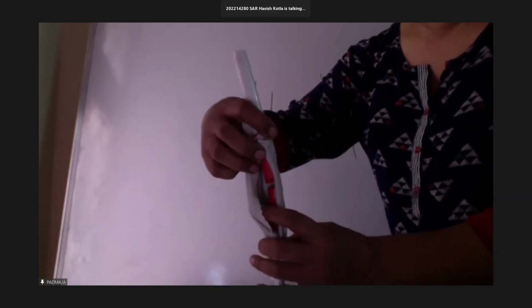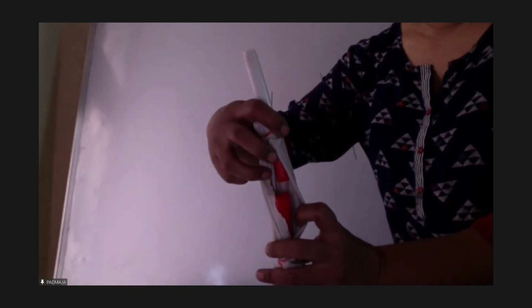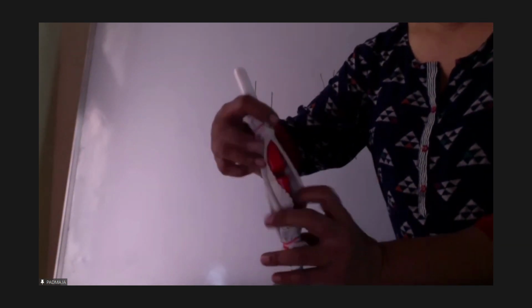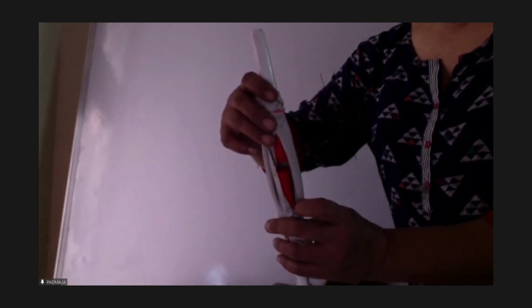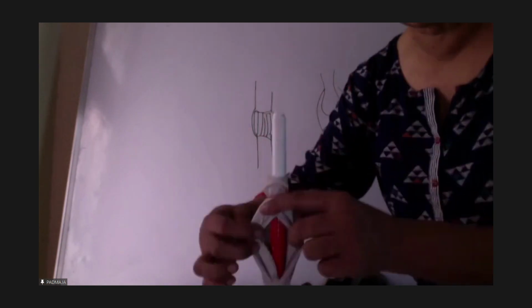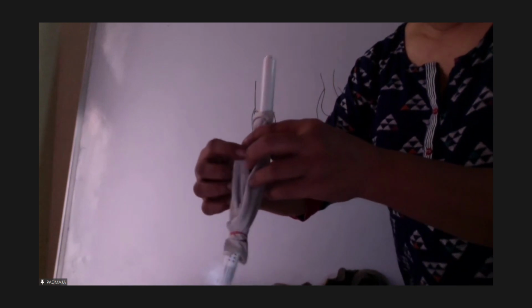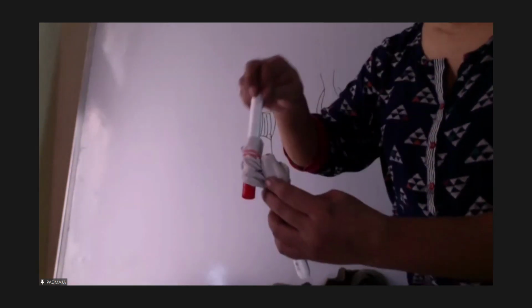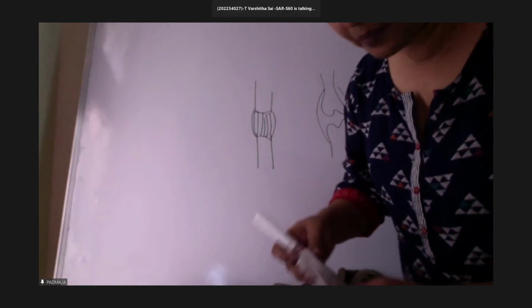So two bones are enclosed by a joint capsule. Imagine these are two bones here, and then enclosed inside the joint capsule. Understood? So because of this type of arrangement, free movement is possible. Understood?